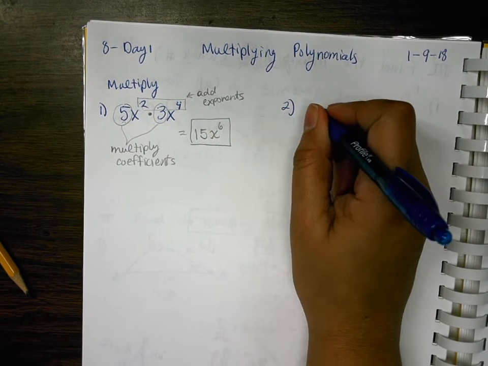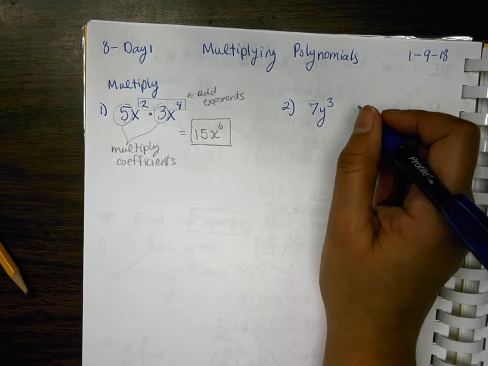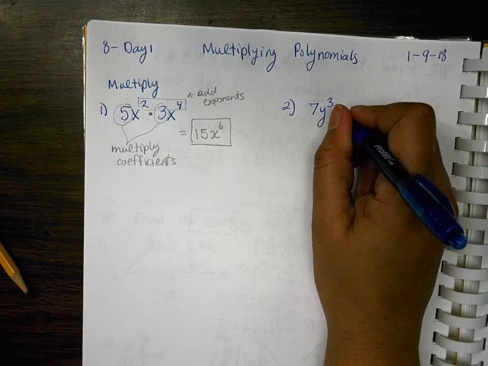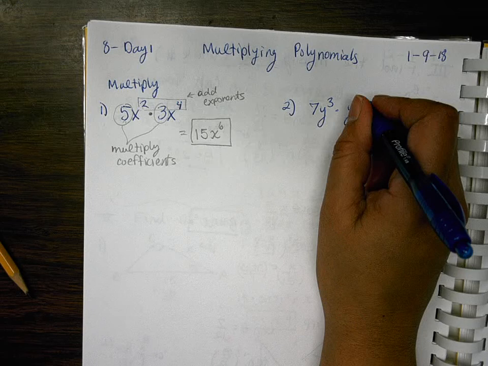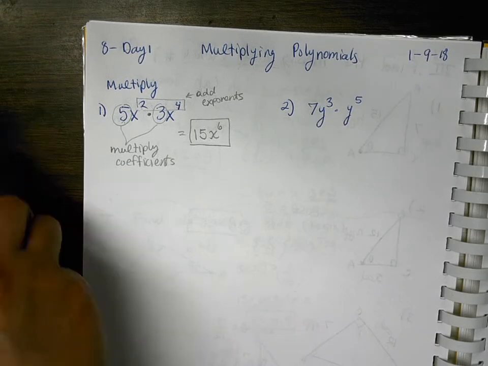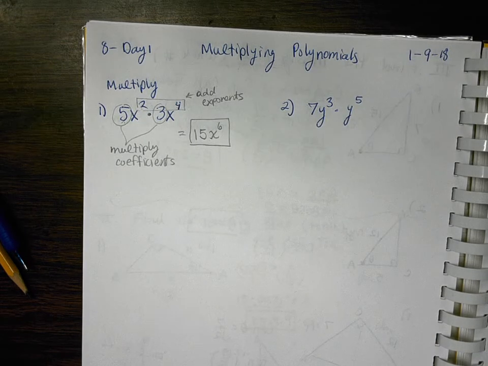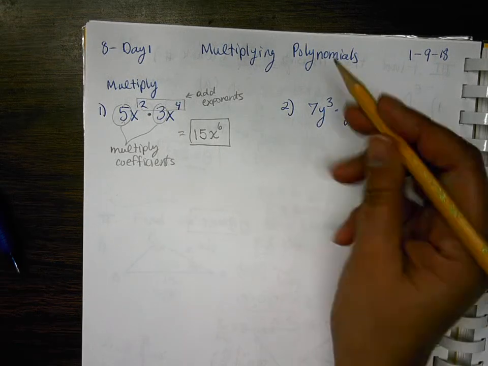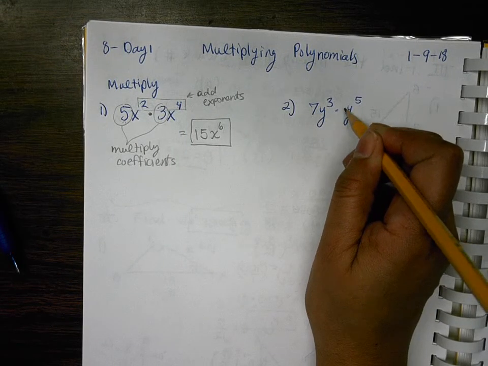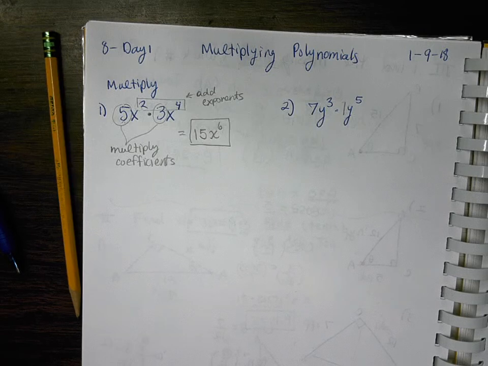Number 2, 7y to the third, or 7y cubed, times y to the fifth power. What's sitting right here in front? What's the coefficient here that I don't see? 1. All right, go ahead.